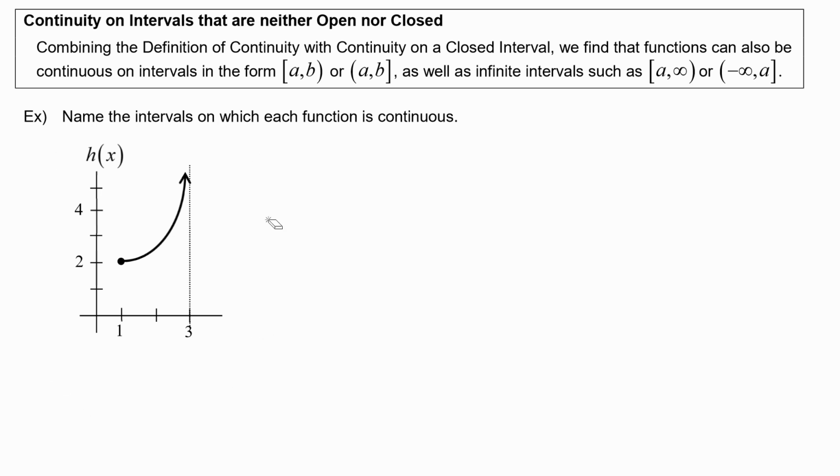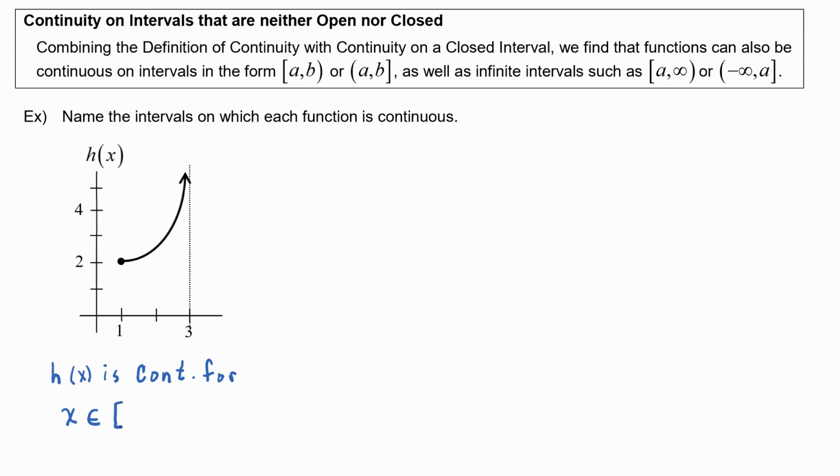Here we are given the graph of h of x. There's a vertical asymptote here, and we can see that the function approaches that vertical asymptote, but remember it never crosses it. So what we would have to say here is that h of x is continuous for x on the interval.